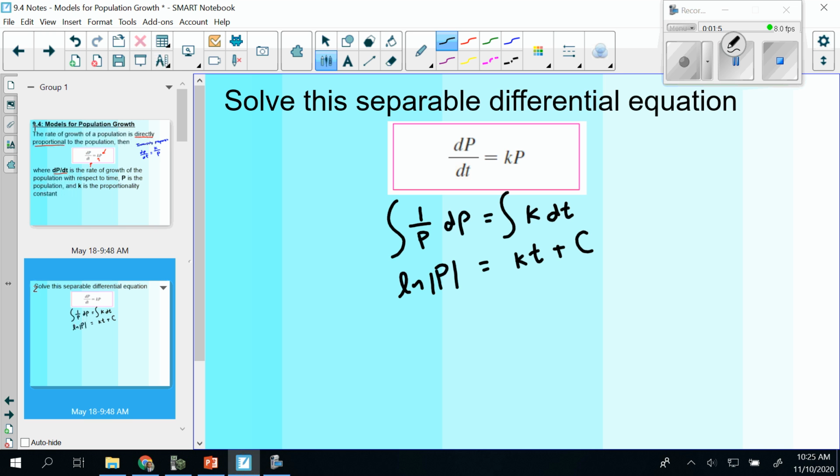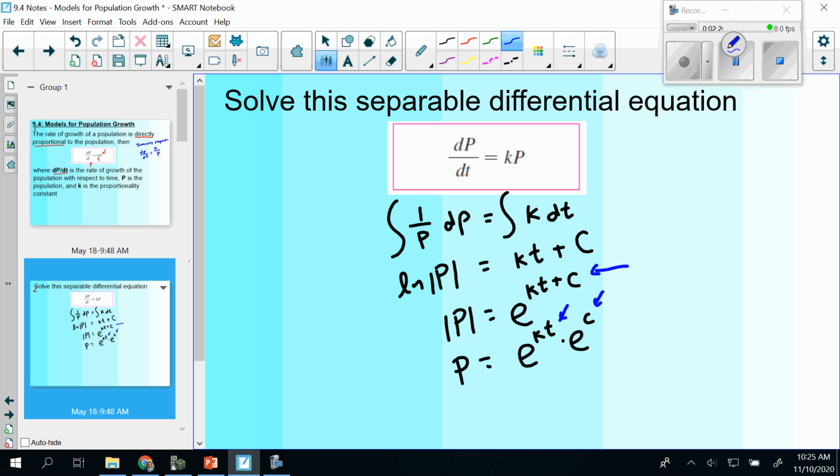All right, so now to solve this, we are going to change from log form to exponential form, which means we would get our population now equal to e to the kt plus c. We can separate that right side out. That's equivalent to e to the kt times e to the c, because we know when we're multiplying exponentials with the same base, we add the exponents.